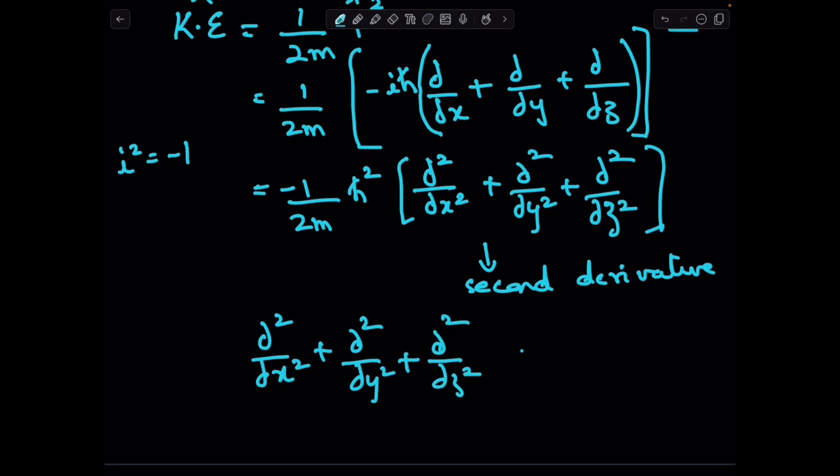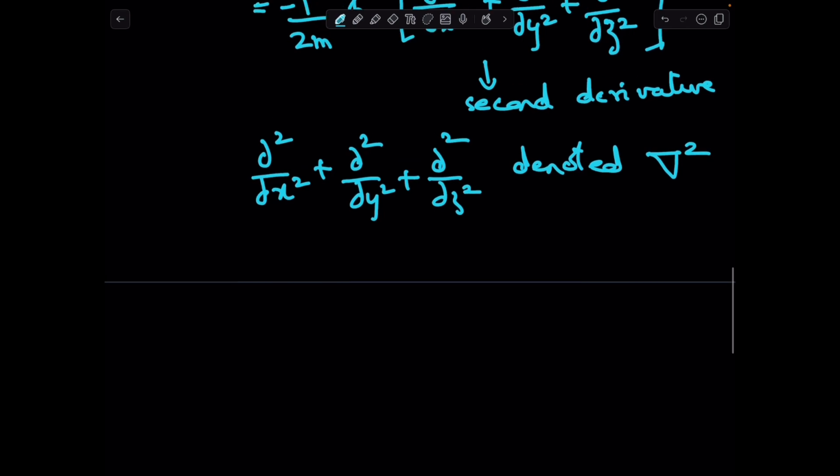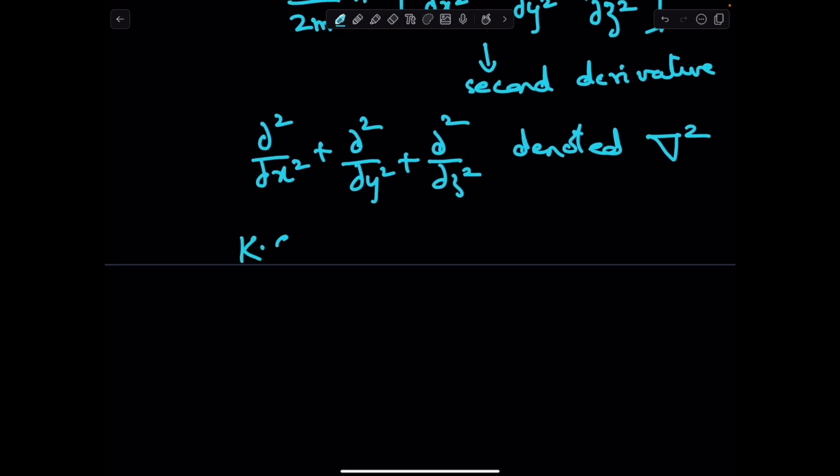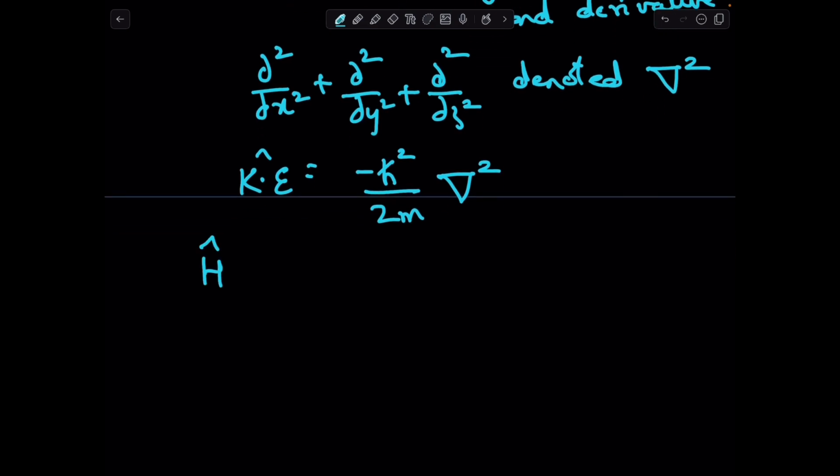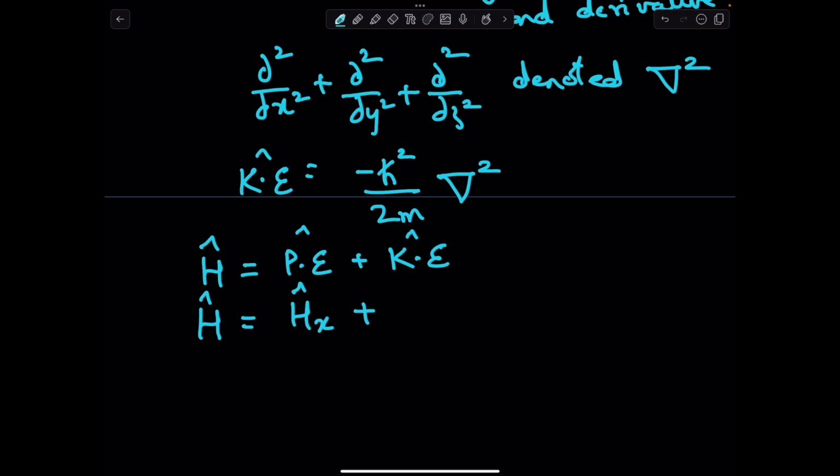Dou squared by dou x squared plus dou squared by dou y squared plus dou squared by dou z squared is denoted as del squared. So the kinetic energy operator is minus h cross squared by 2m del squared. The Hamiltonian is the total energy, so it's the sum of potential energy plus kinetic energy, in all three directions, x-axis, y-axis and z-axis.